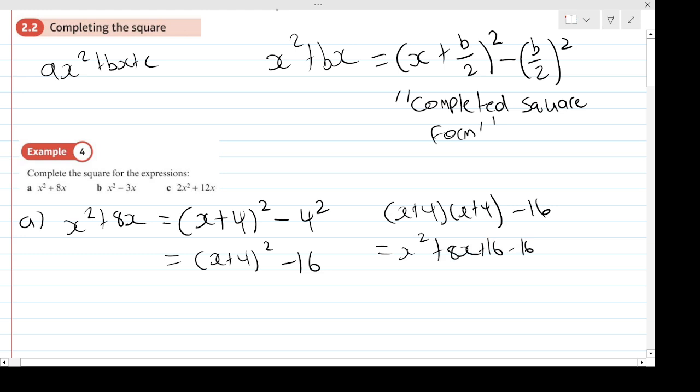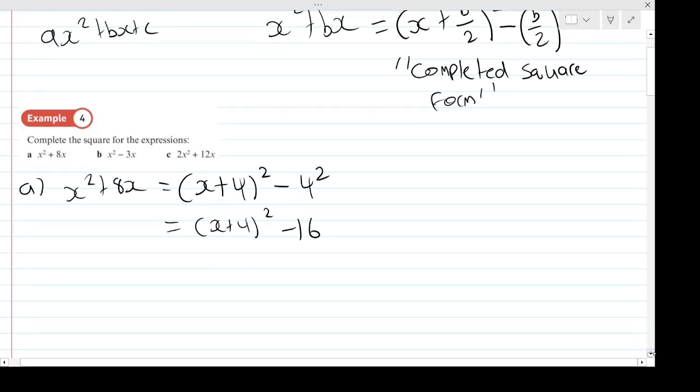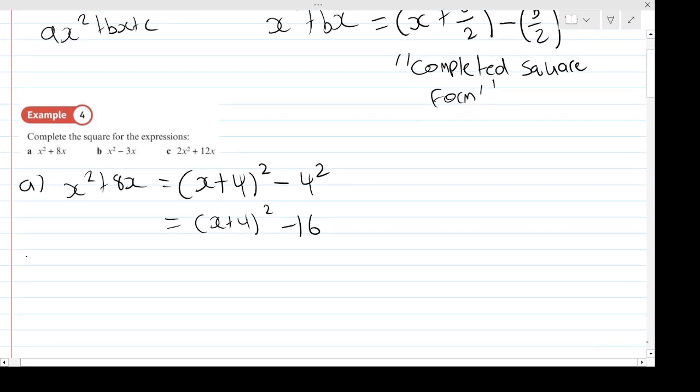Take away 16, well, the 16s cancel each other out. So I'm left with x squared plus 8x. So there we are, we can write it in this form there. Okay, and also, if you are a bit stuck, wondering whether you wrote it in the right form, remember, you can always expand your answer and then go the other way to see that it's true. So if you expand it like I just did, you should get back the original expression.